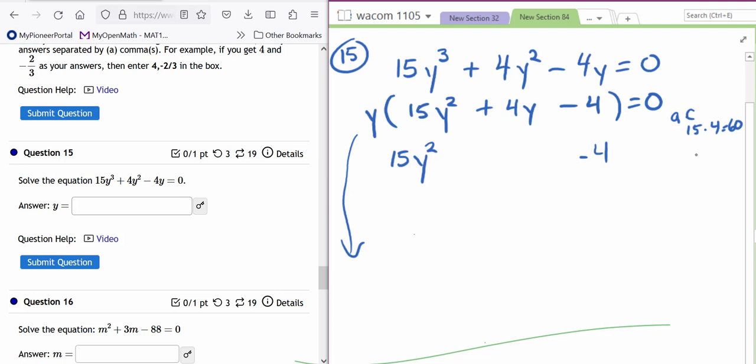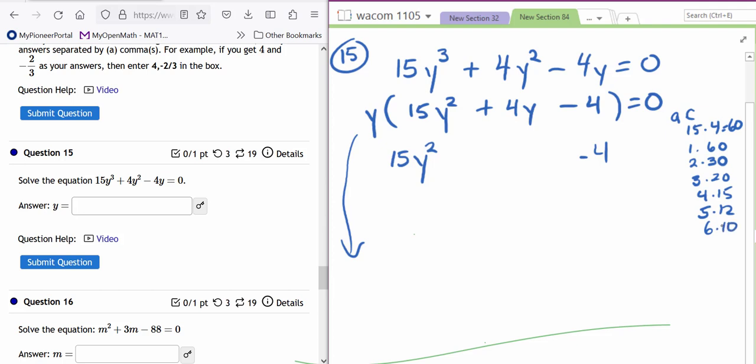So we're looking through 60. So we have 1 times 60, 2 times 30. I'm just dividing on my calculator into 60. 3 times 20, 4 times 15, 5 times 12, and 6 times 10. After that, I think it turns over.